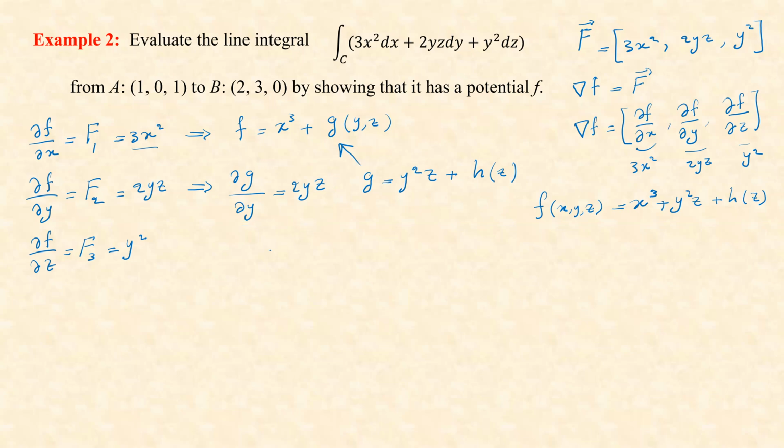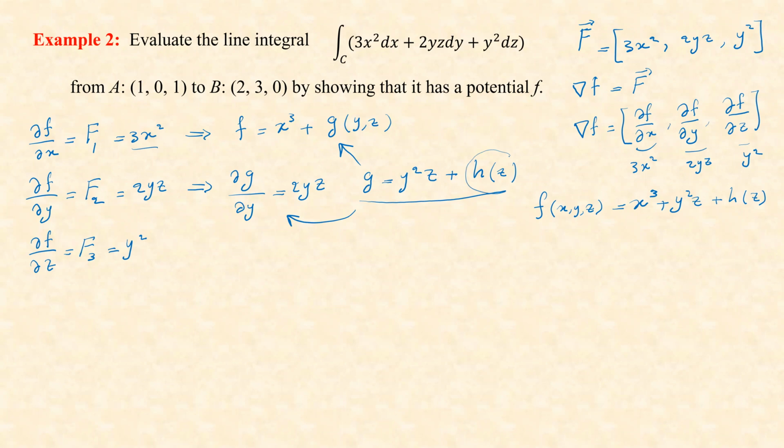No, not really, but I'll probably just have to do some reading. If you integrate this, we get a constant of integration as far as y is concerned. So it should be constant in terms of y, meaning it doesn't depend on y, but it can still depend on z. Or think of it this way. If you take partial derivative of this g with respect to y, what do you get? You get 2yz. Yeah, so get this, right?